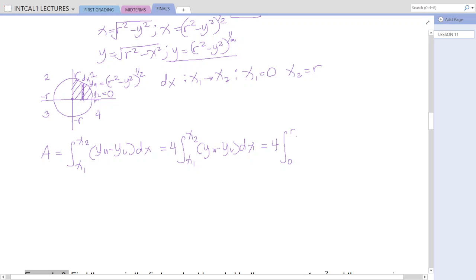We multiply there the y upper, which is equal to r squared minus x squared, raised to 1/2, minus y lower, which is 0 since it touches already the x-axis, multiplied by dx. So we have to get now the value of this one. We integrate this one, since the y lower will be cancelled already, since that is 0.